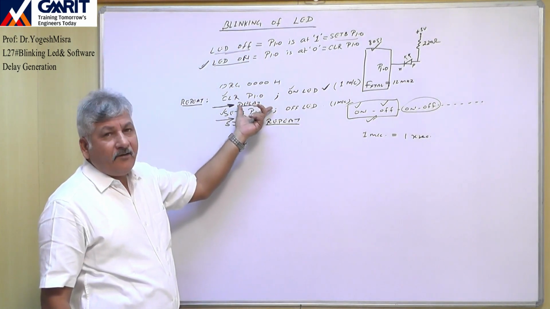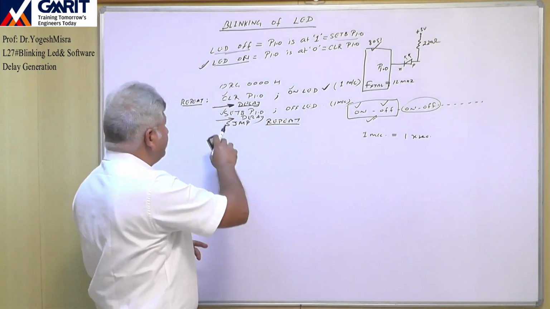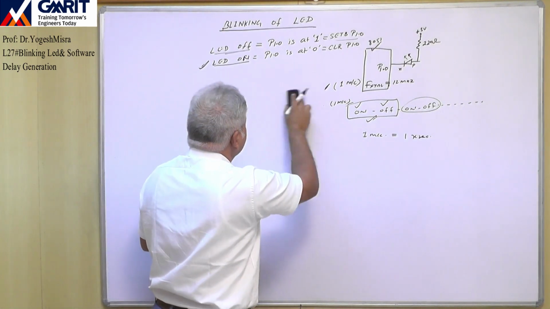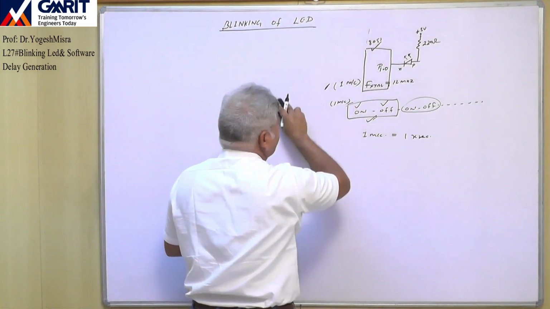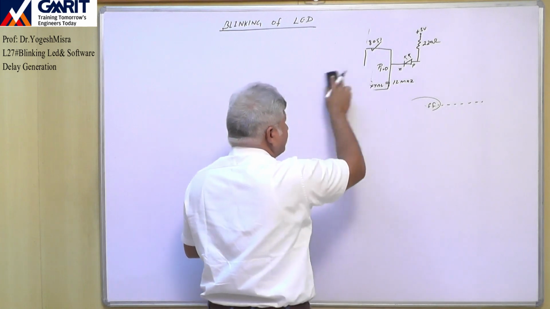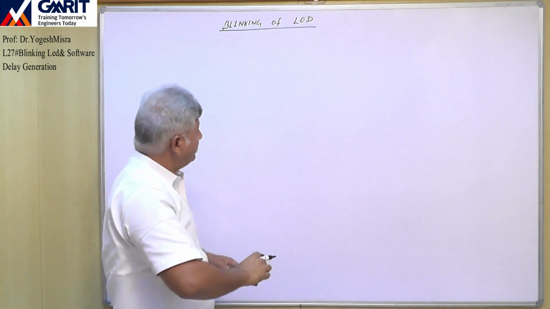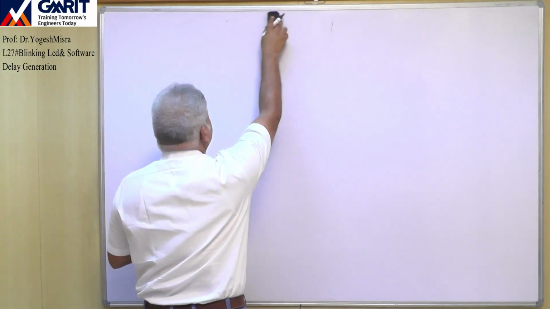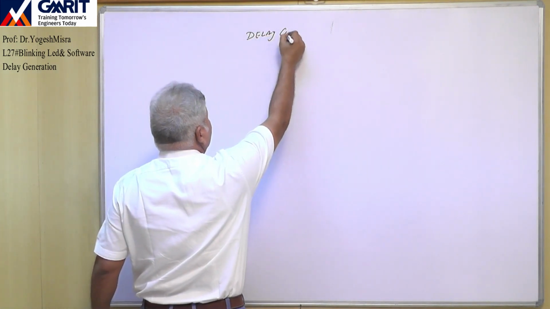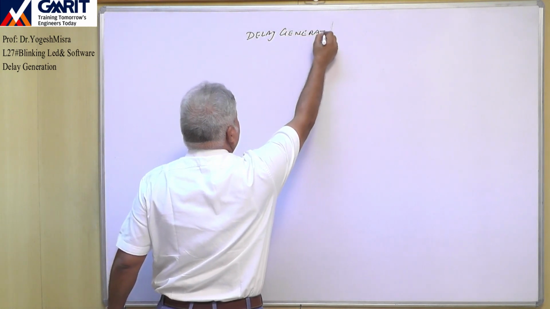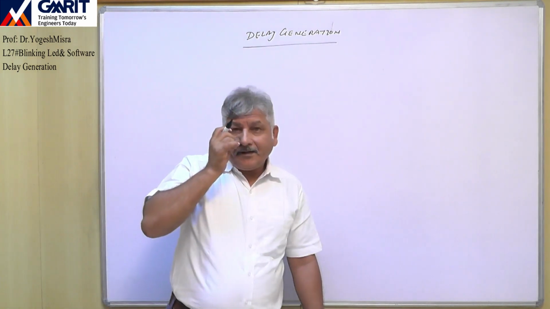After that again delay will be generated. So now how do we generate that delay?